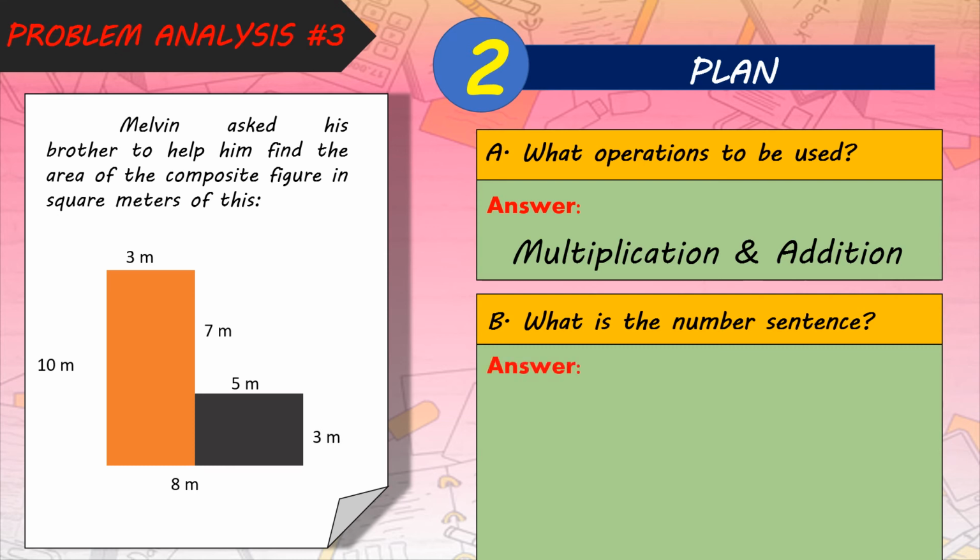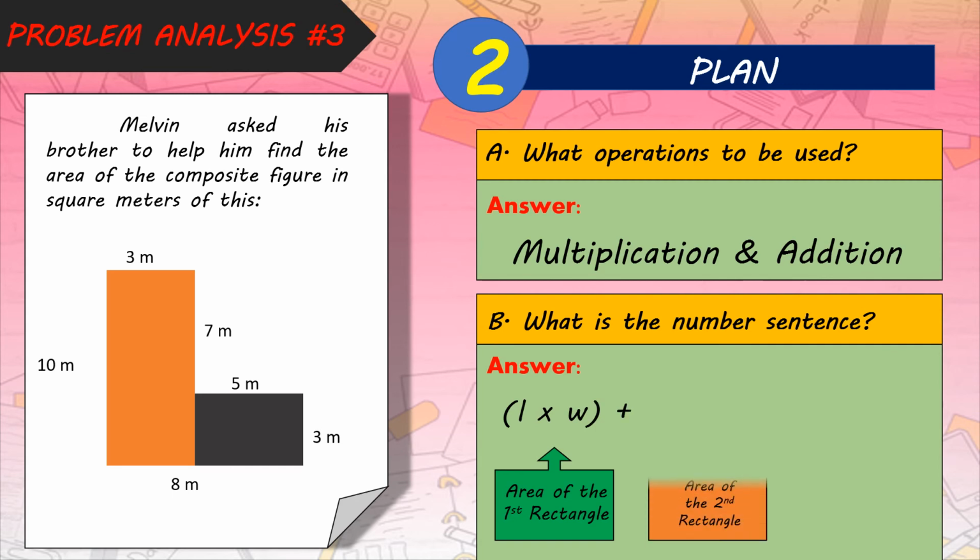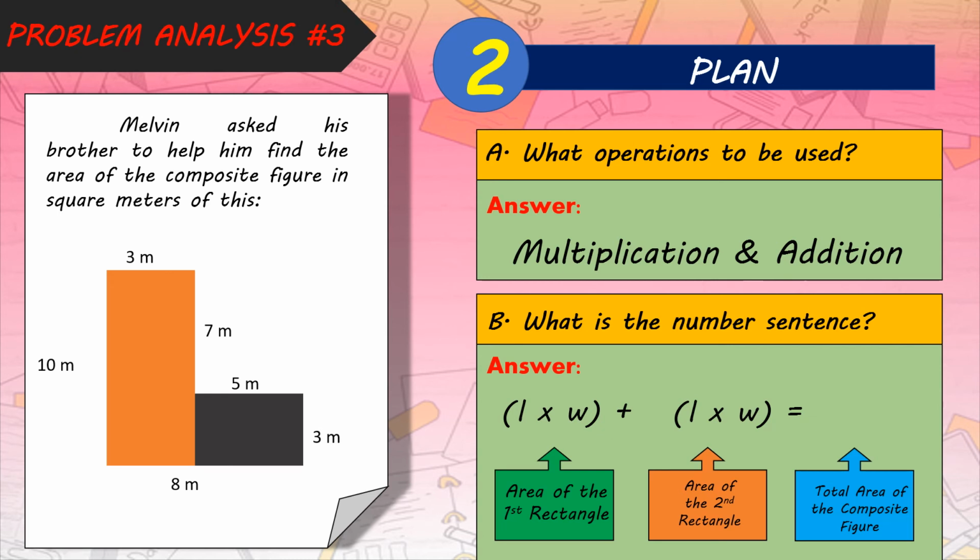You're right. First, we find the area of the first rectangle, which is length times width, and add it to the area of the second rectangle, which is length times width. Then we will get the total area of this composite figure. Okay, good job.